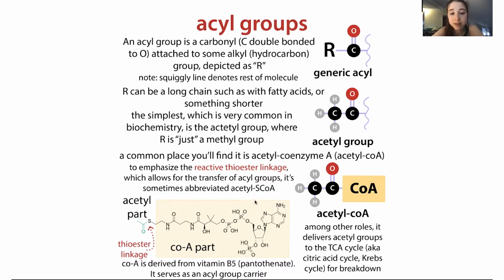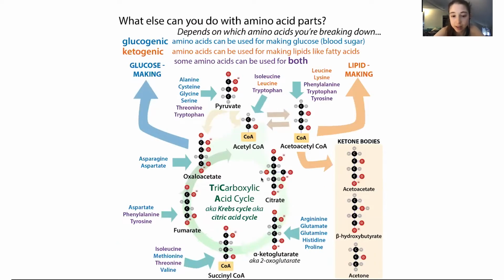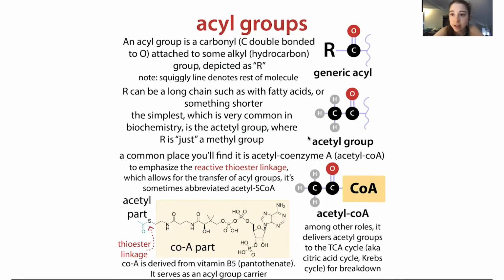Sometimes, because it's through this thioester linkage, you'll see this as S-CoA, but it's the same thing. This is just emphasizing the linkage form. We see acetyl-CoA because it's what's going to be going into this pathway. But if you have an acyl-CoA, that can be any alkyl group out here.